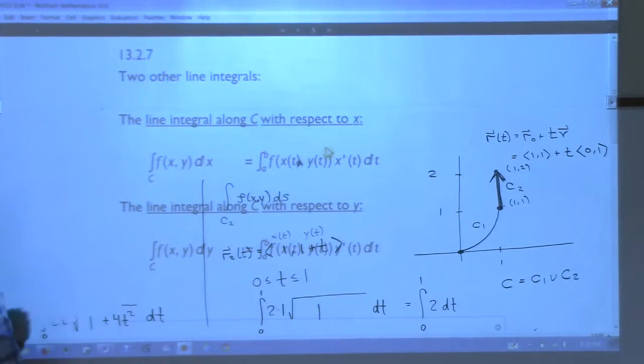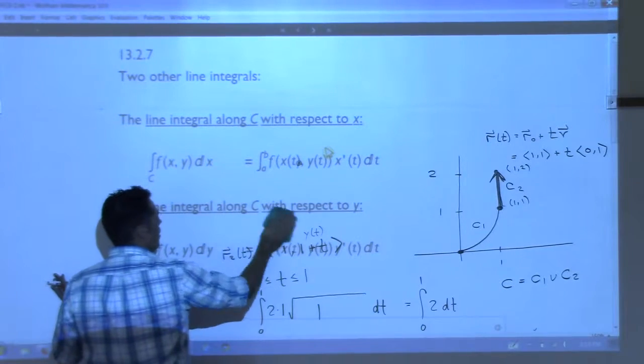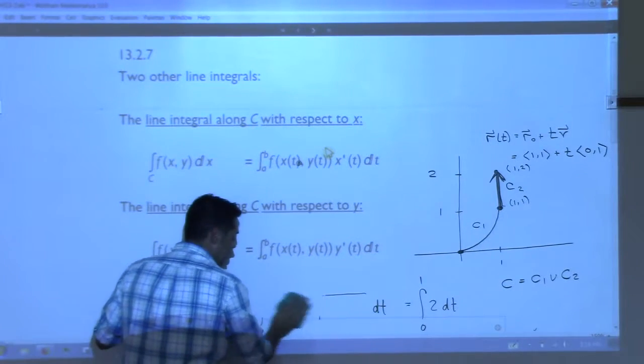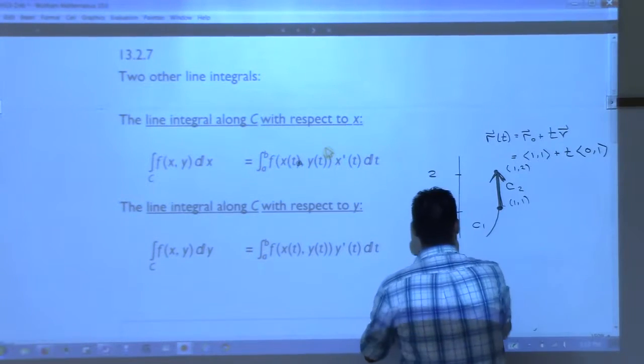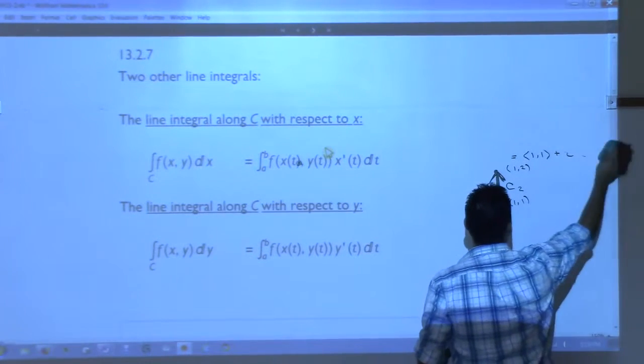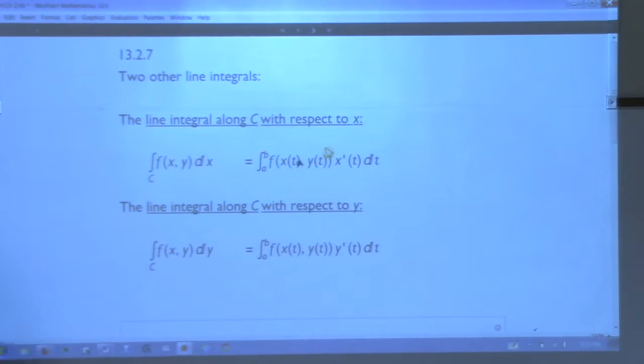So the line integral that we just did is called the line integral along the path C, or along the curve C, with respect to arc length, right? But there are 2 other line integrals that we could calculate.